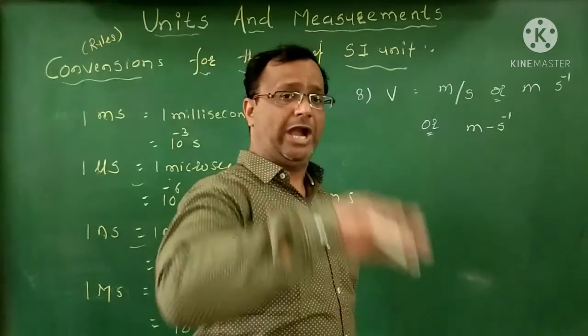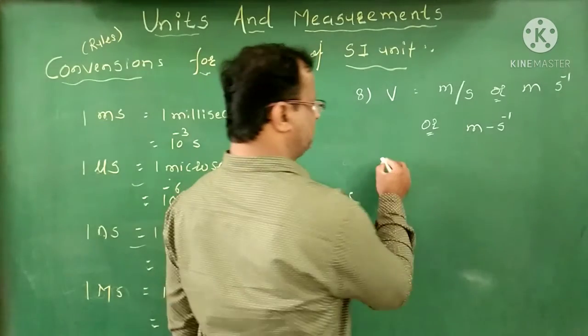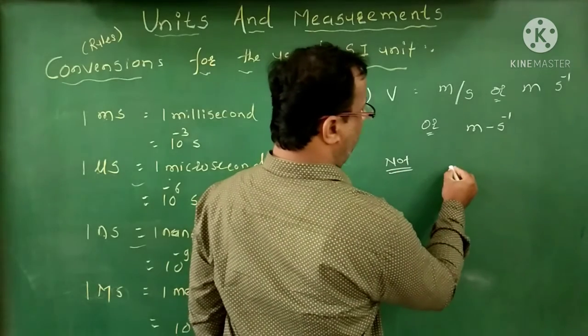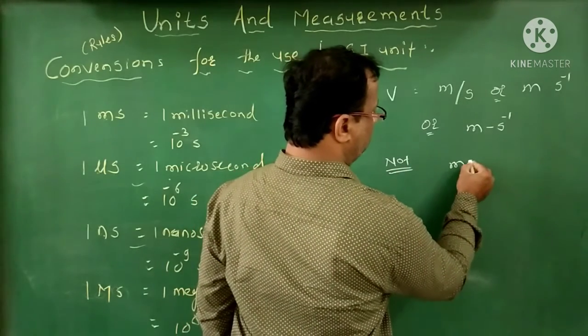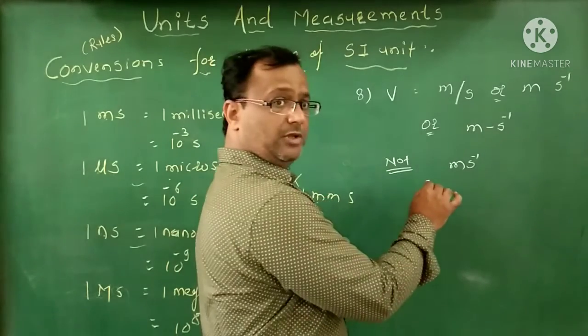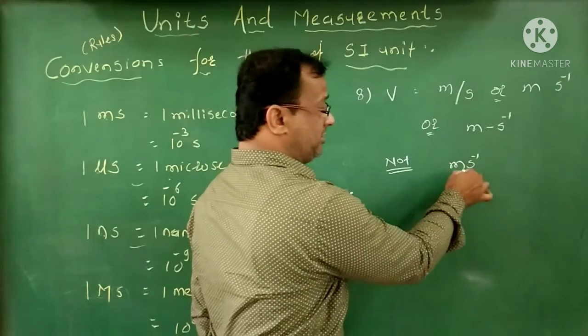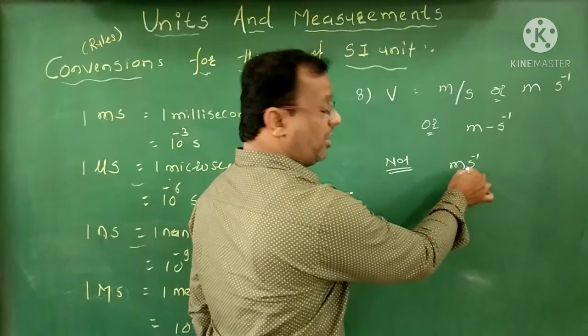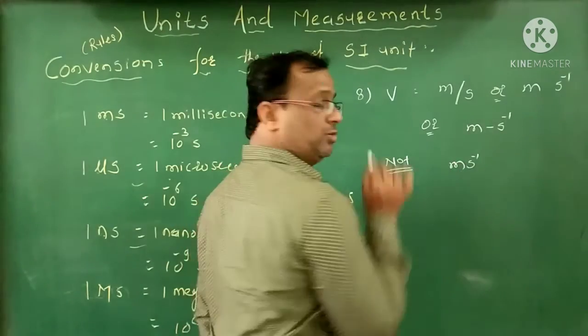But it cannot be written as ms, without a space. We cannot write this unit just like this, because there is no space or hyphen in between these two symbols.